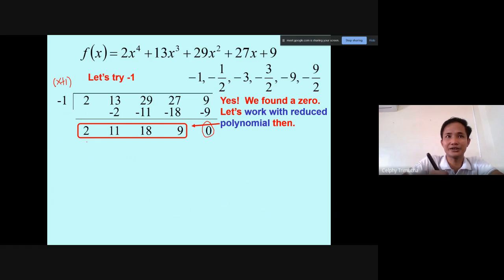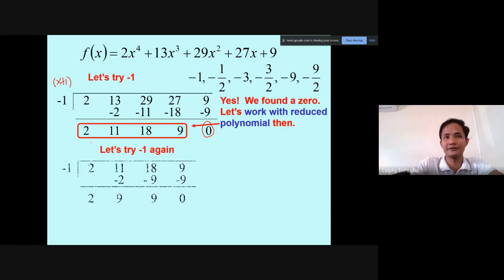Next, for the remaining terms, we look for another factor. What else can we divide? Let's try negative 1 again. If we try negative 1 again, we come up with another 0. So another 0 for the remainder means x plus 1 is again a factor.